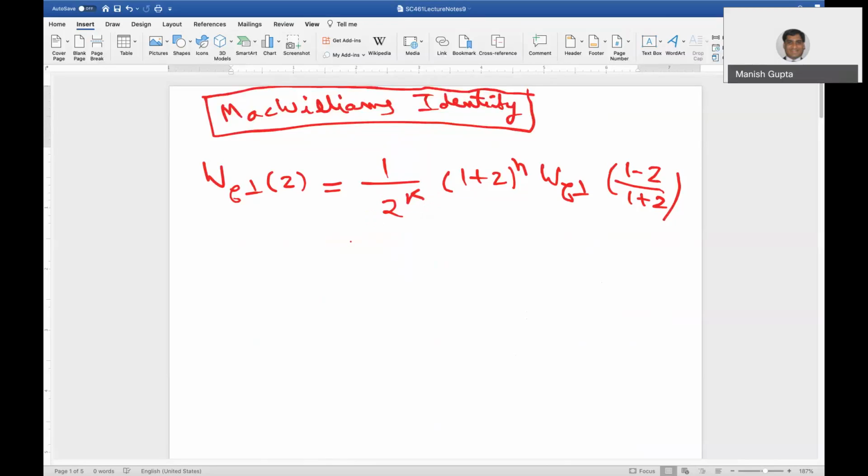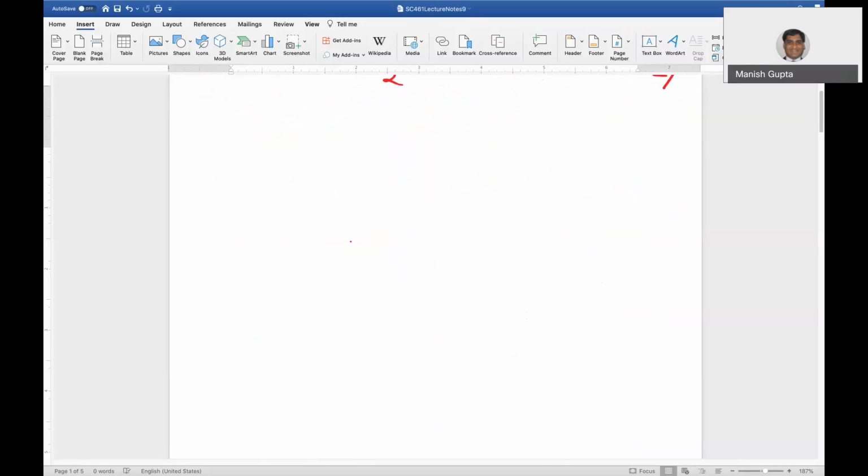Let us see how to prove it. We'll prove it using certain lemmas, and in fact we require 3 lemmas in order to prove this. The first lemma is lemma 1. I'm going to prove it for the binary case, and I think the result extends for q-ary.